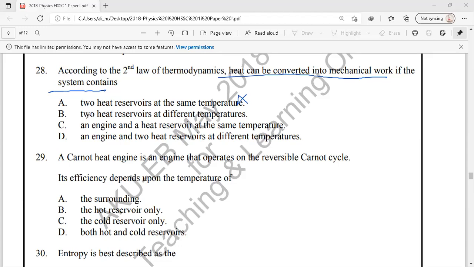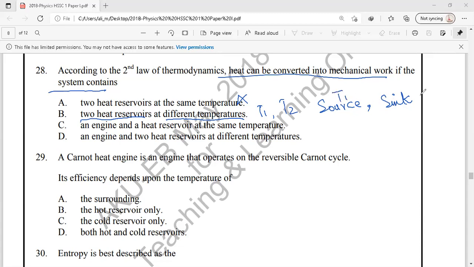Heat can be converted into mechanical work if the system contains two heat reservoirs at different temperatures T1 and T2. T1 could be the temperature of the source through which heat is entering the system, and T2 would be the temperature of the sink, into which the excess amount of energy, or the part of the energy that is not converted into useful work, goes.